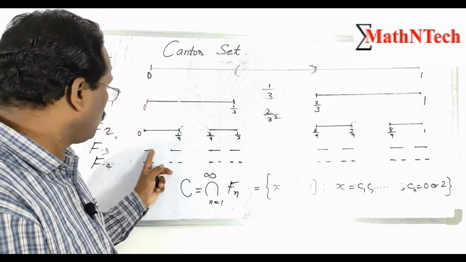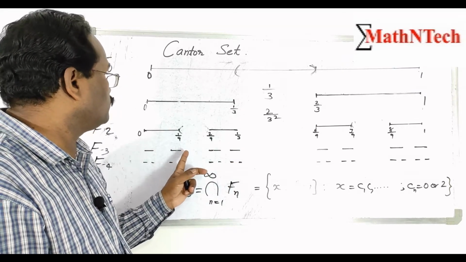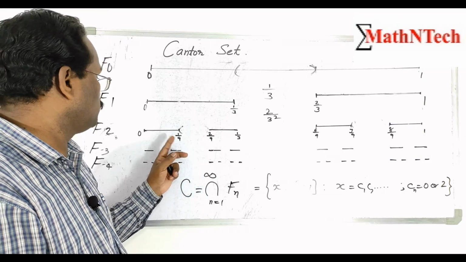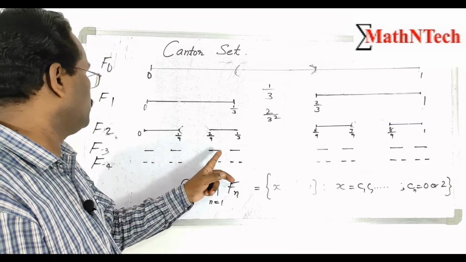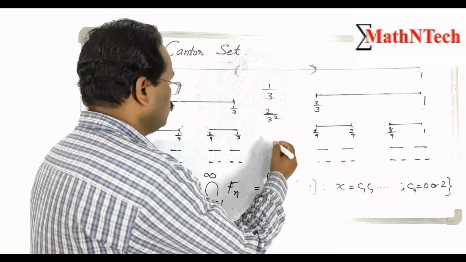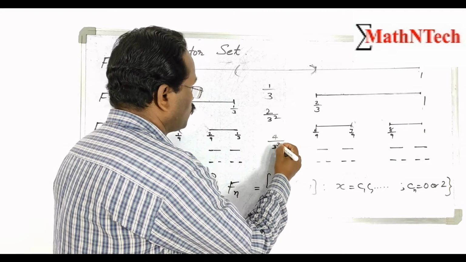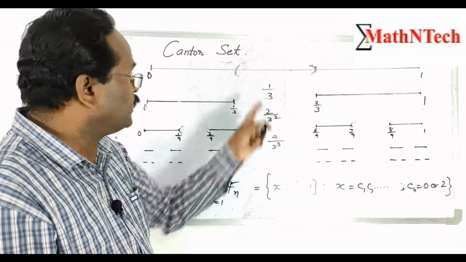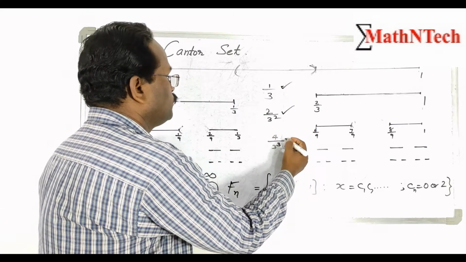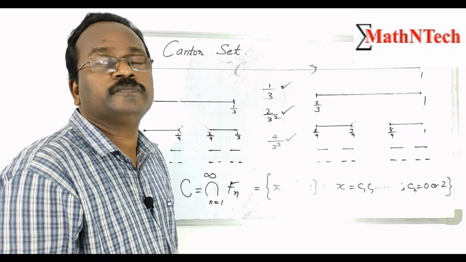Then next 4 intervals, each 1 by 27, that is 4 by 27 or 4 by 3 cube. Adding these, 1 by 3 plus 2 by 3 square plus 4 by 3 cube, and so on, we get 1.